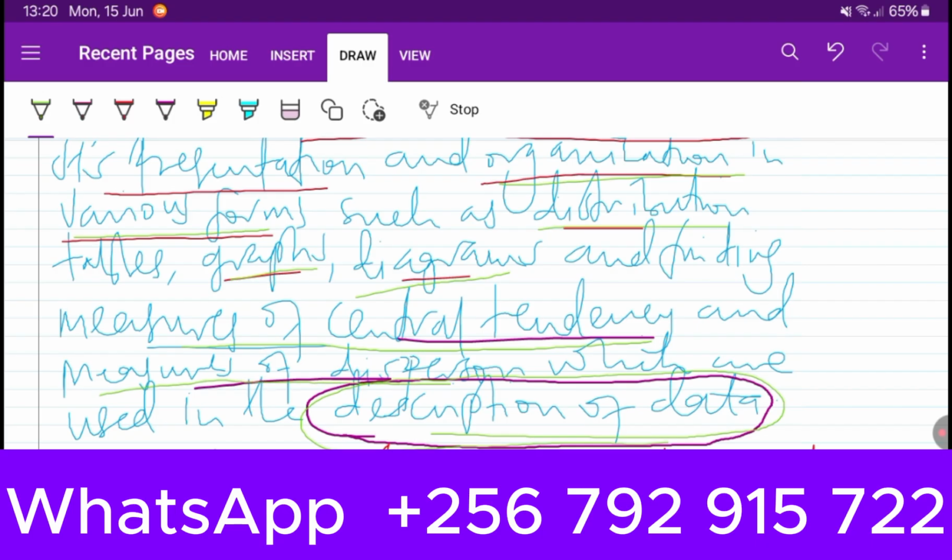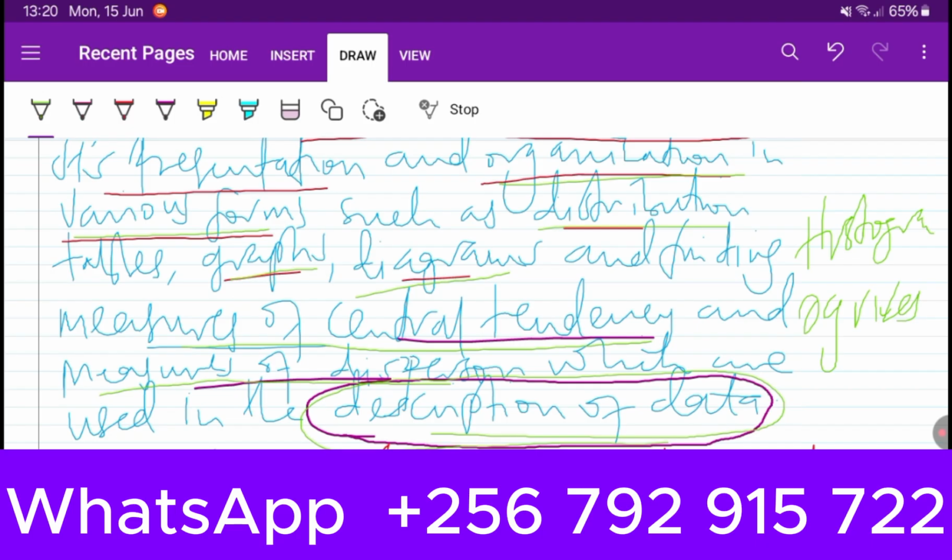And within the graphical procedures, we look at presentation of data into what we call OGIVs, histograms. We also look at pie charts, diagrams, frequency distribution tables, and others.